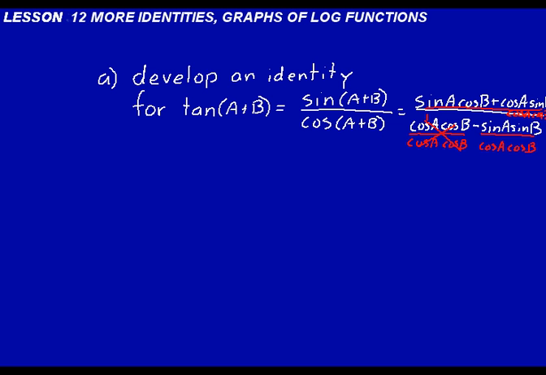That's sine A, cosine B. And we can divide that by cosine A, cosine B. So the cosines would cancel there, and we'd have tangent A. And then if we look at the second term, cosine A sine B over cosine A cosine B, our cosine A's would cancel there, and we have plus tangent B. The denominator will be 1 minus tangent A tangent B.